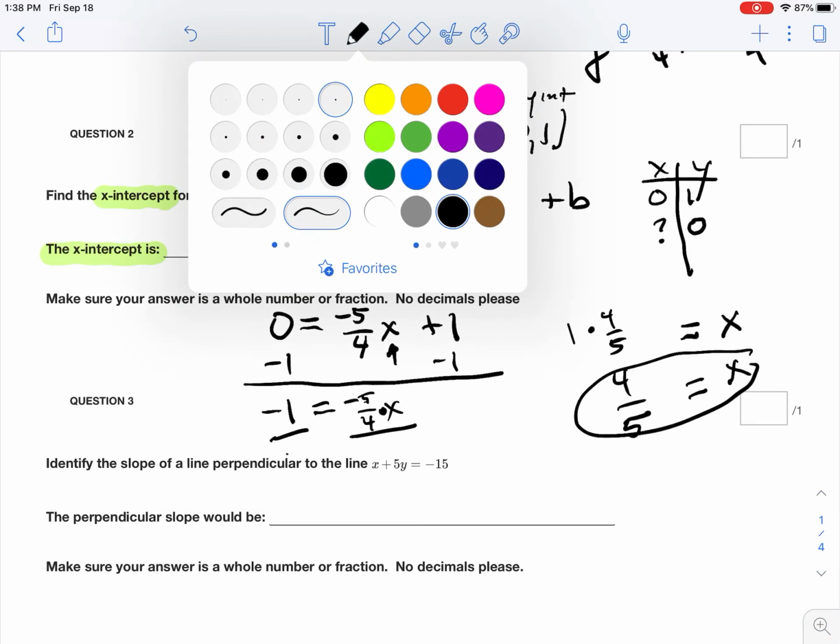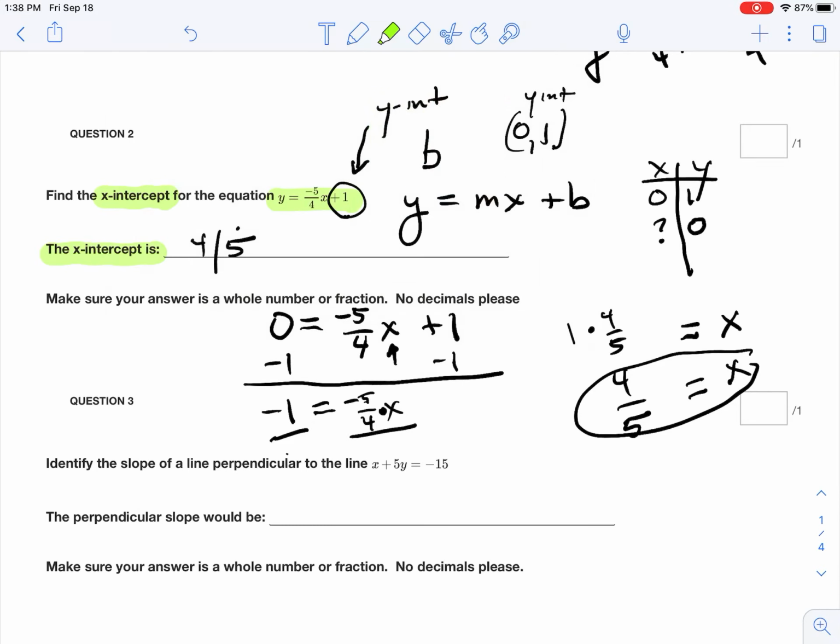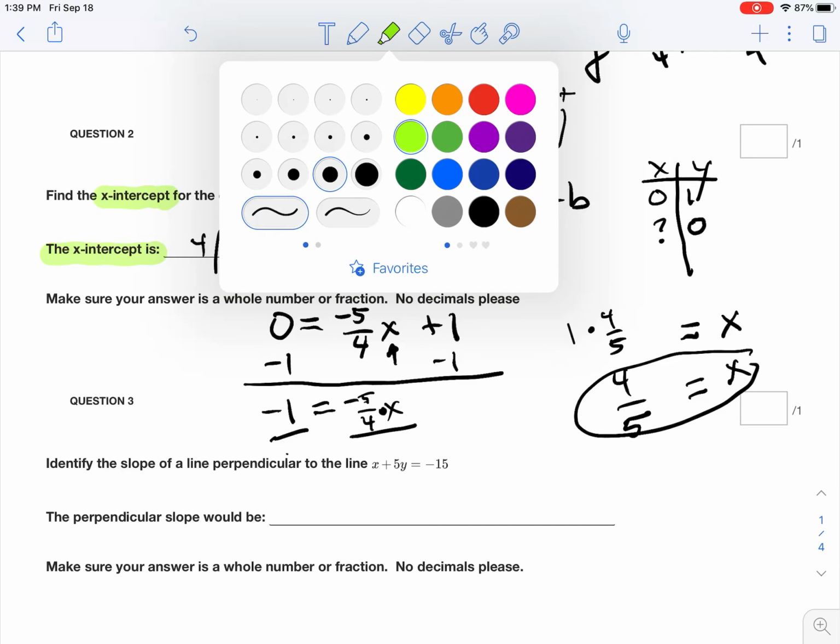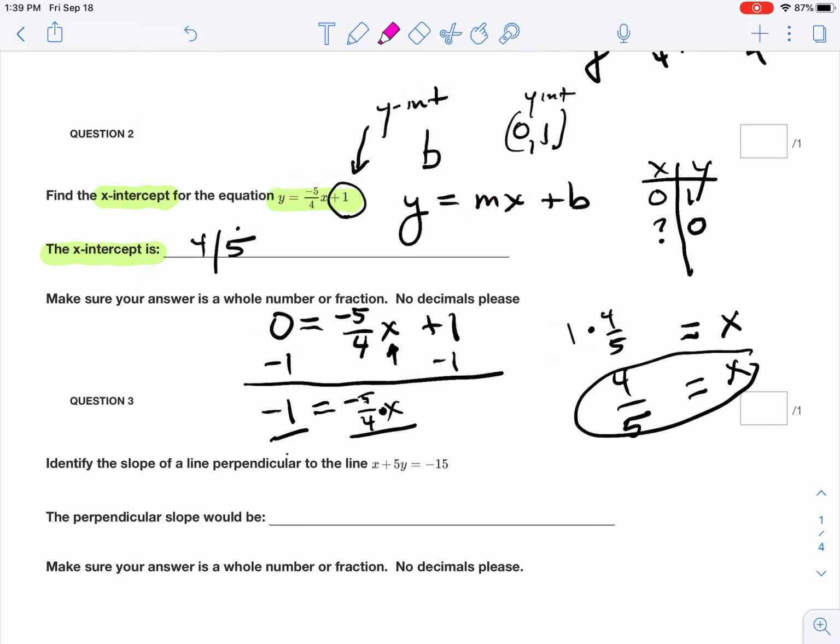Next, I want to identify the slope of a line perpendicular to the line x plus 5y equals negative 15. So I want the slope, and the line is perpendicular, and what I know is this.